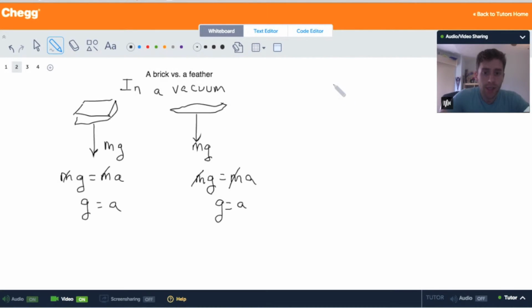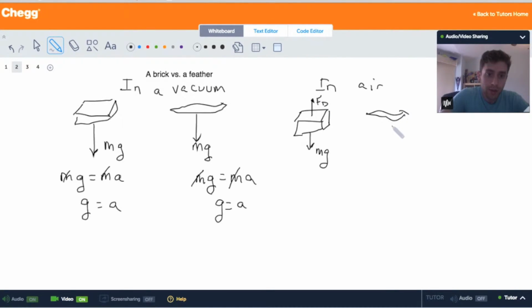But what happens in air? Well, in air, we have a brick falling, mg, and it experiences a drag force upwards. We'll call that Fd. Same with the feather, it has mg and a drag force going up.